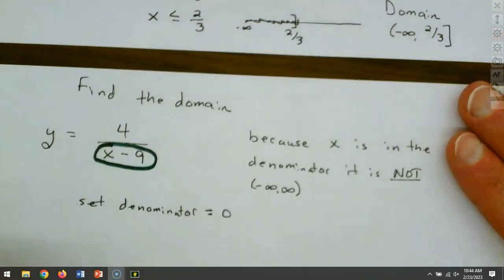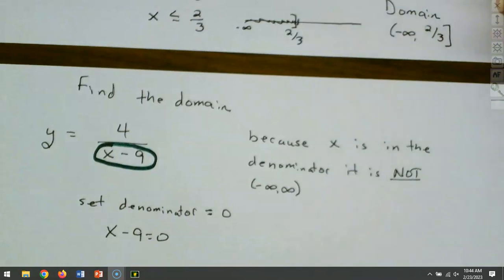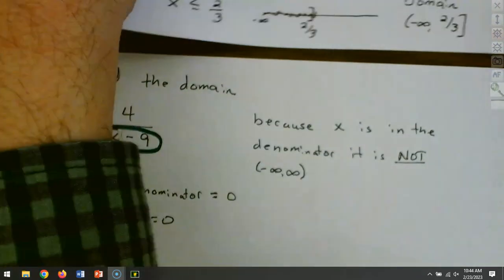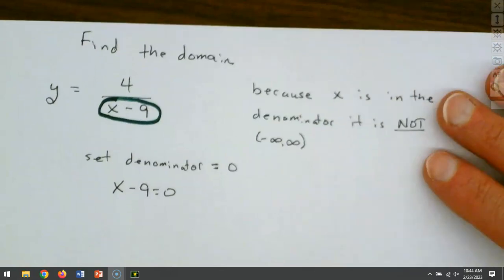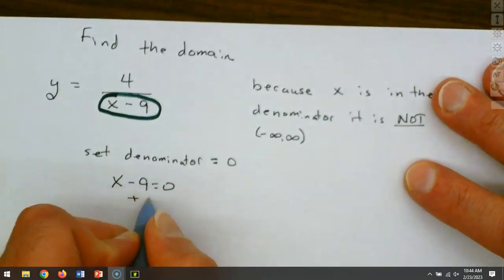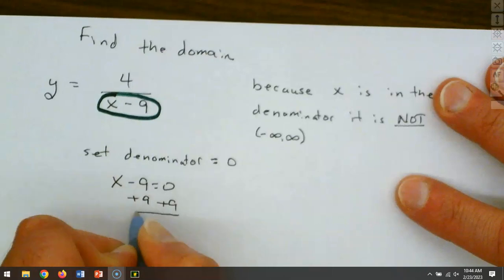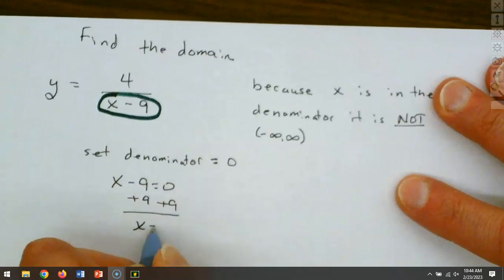What's in my denominator? x minus 9. So if it's a fraction like this one, we set that denominator to 0, and then we solve it. So move that 9 over. Add that 9. And so now we've got x equals 9.